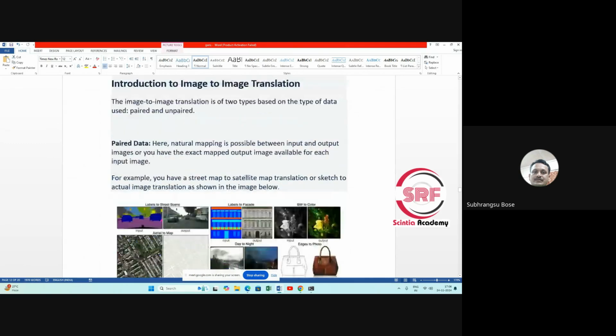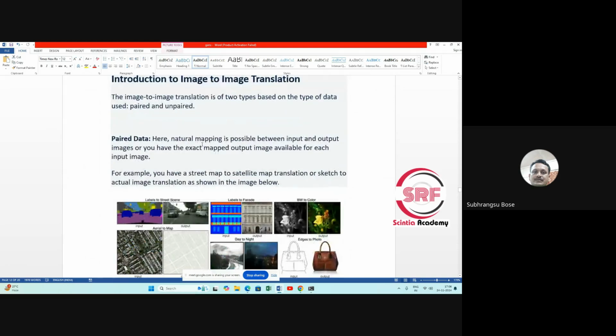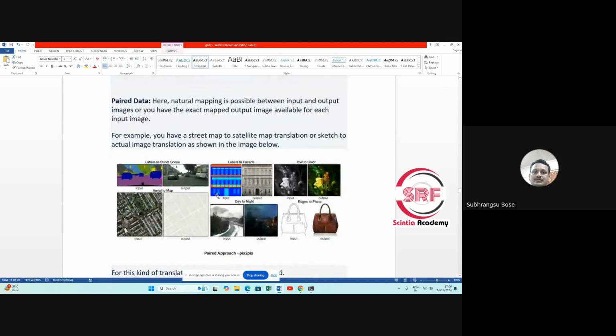See this picture. Image to image translation is of two types based on the type of data: paired and unpaired. This one, labels to factory. This one just gets one picture as input and outputs this one.